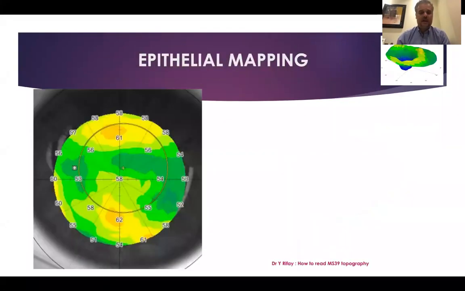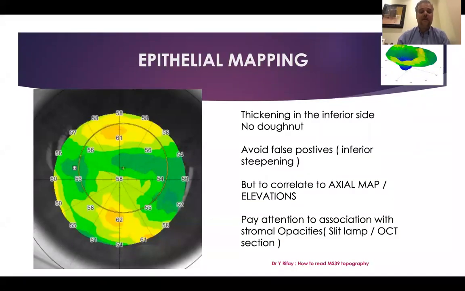This is another case. This is a case of thickening over the peak that excludes keratoconus.